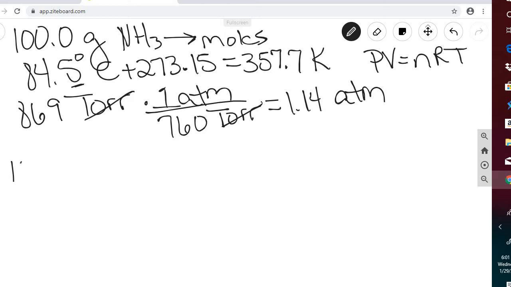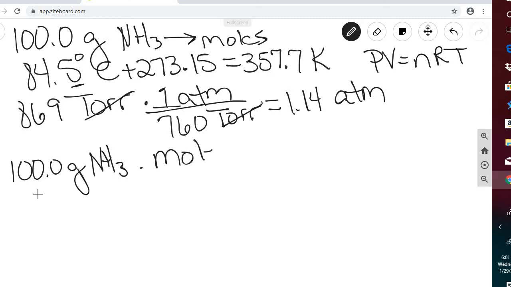So we have 100 grams of NH3. We want to convert that to moles. So we want moles on top. 1 mole is equal to 17.04 grams.